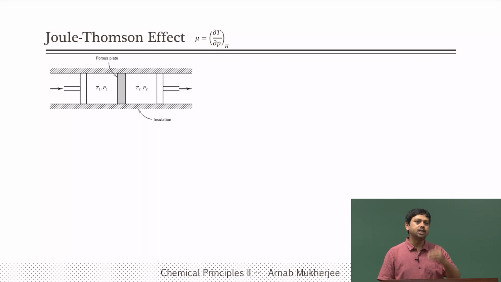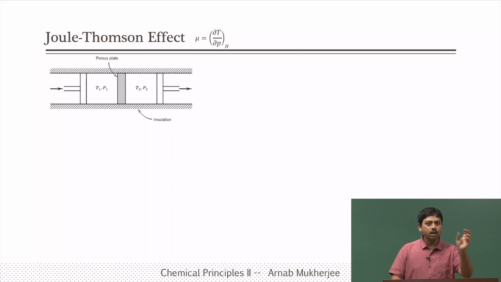Earlier there was a change in temperature due to a change in volume. Now, we are going to talk about change in temperature due to change in pressure, and it has to be done in such a way that the overall enthalpy remains constant, just like in the earlier case the overall energy was remaining constant. So, that is the difference between Joule's expansion or Joule's coefficient and the Joule-Thomson coefficient. In one case U was constant, in the other case H is constant.